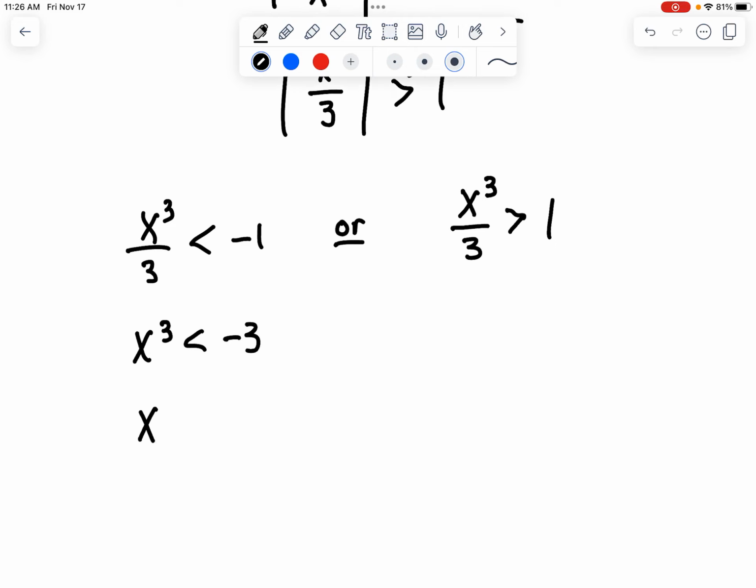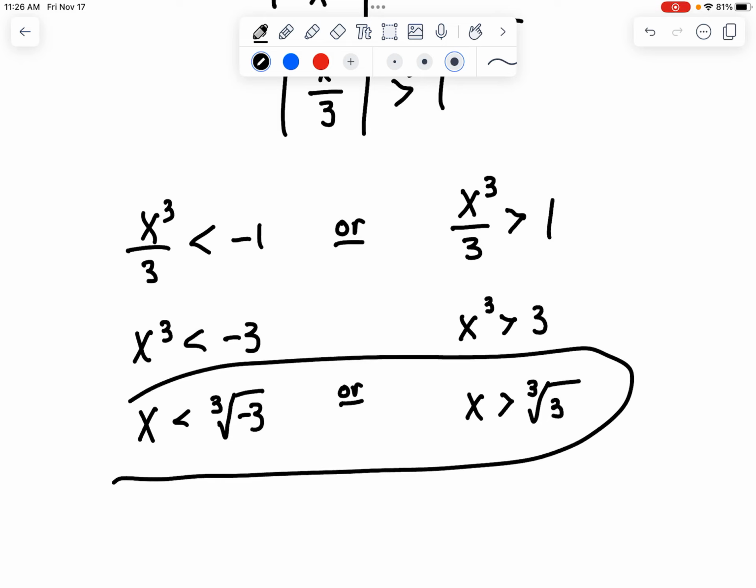Or in other words, x is less than the cube root of -3. And because it's a cube root, that is not an imaginary number. And then the algebra would be the same over here. So x cubed is bigger than 3. And then take the cube root. And there is the answer.